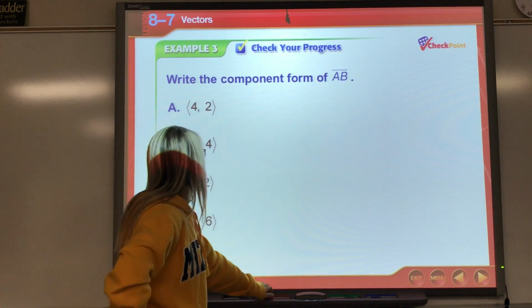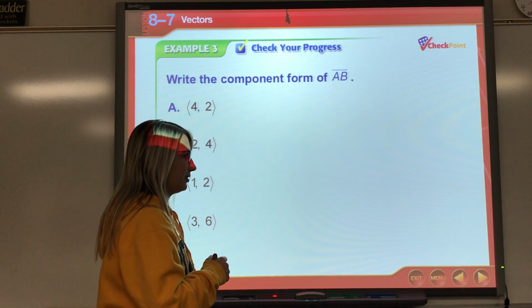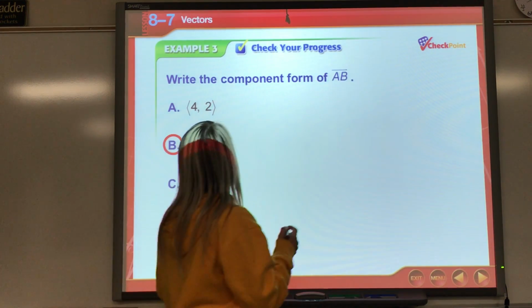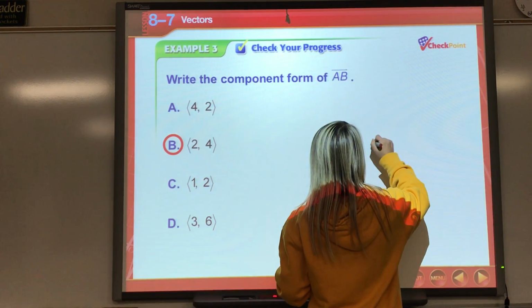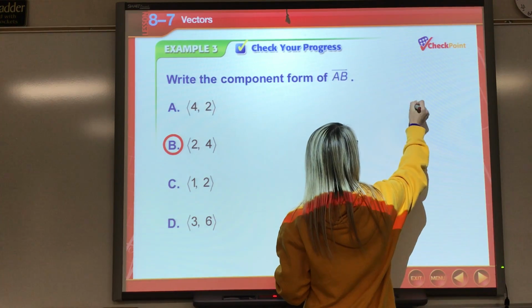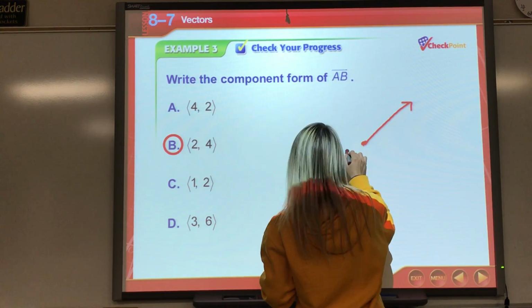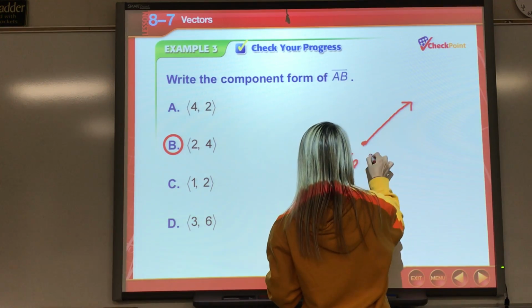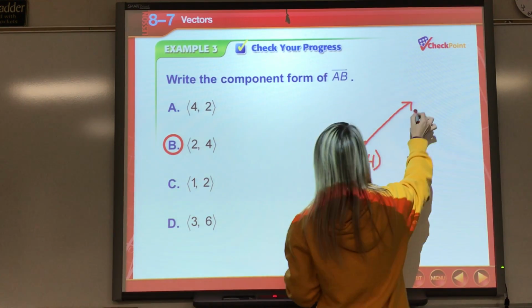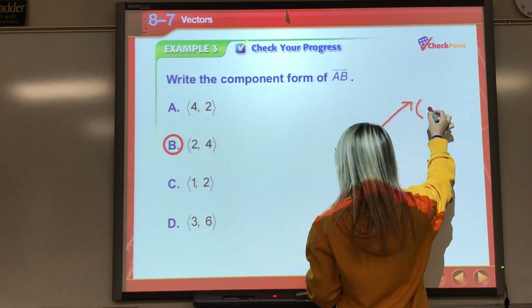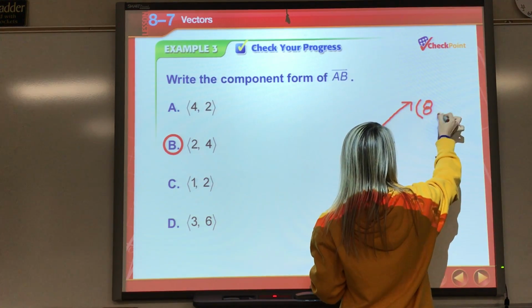So what are two numbers that subtract to 2 and then two numbers that subtract to 4? Just try an arrow like that. Keep it positive. Yeah, write 2 up 4. So here, let's just start at 6, 4. And then we would end at 8, 8. Yep, you got it.